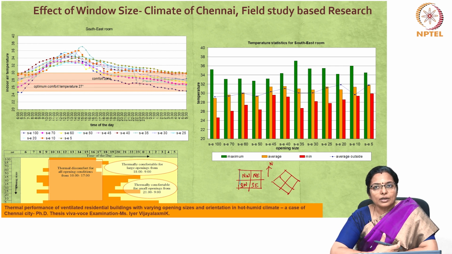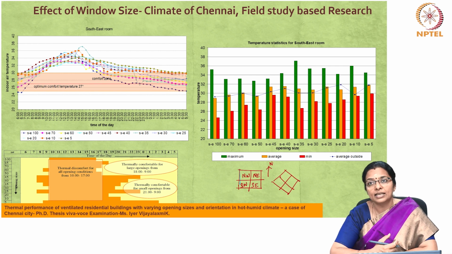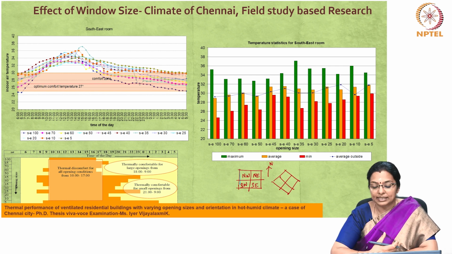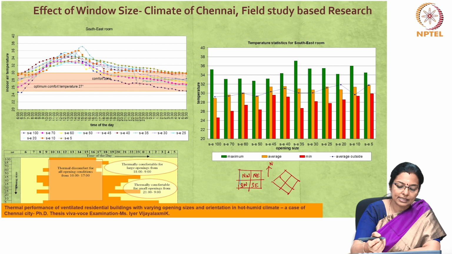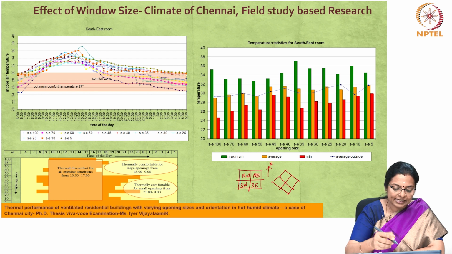So, the indoor temperature is high for small openings and low for large openings in the northeast and southeast rooms. The difference in temperature at certain times due to variation of opening size can be as high as 5 to 6 degrees centigrade. You can see in this graph the temperature in the southeast rooms for the varying opening sizes.